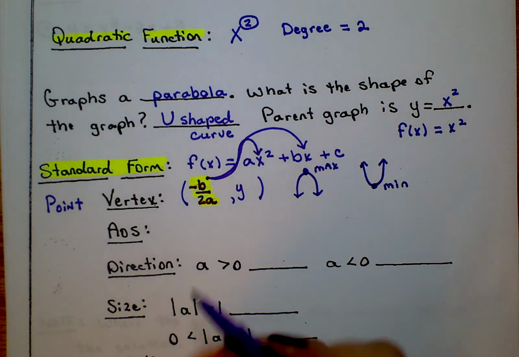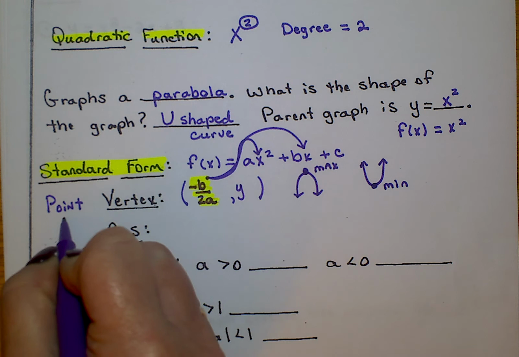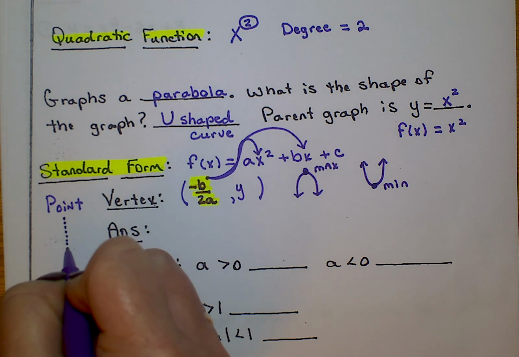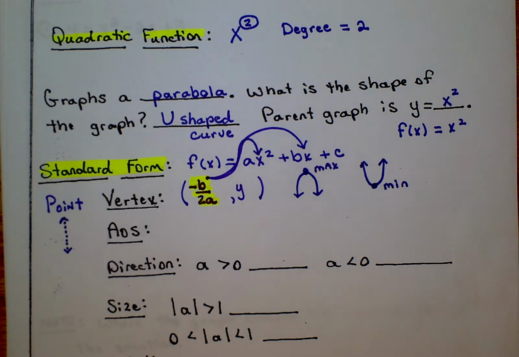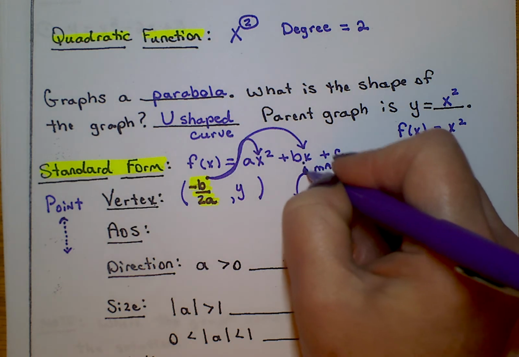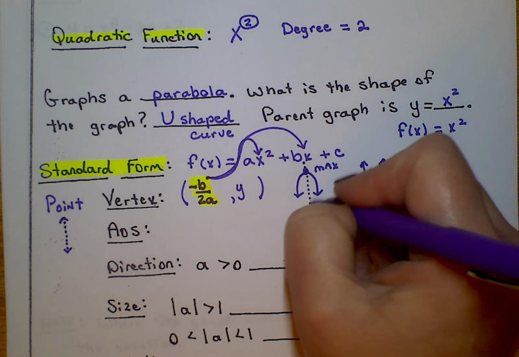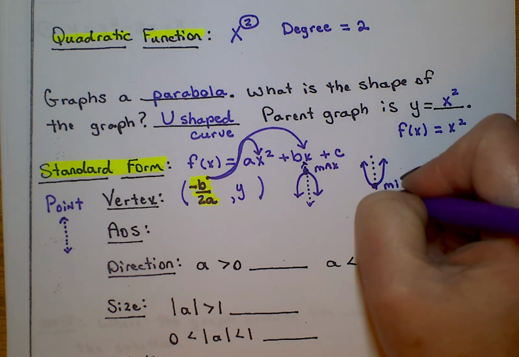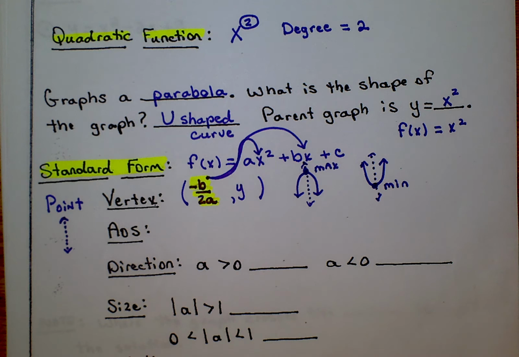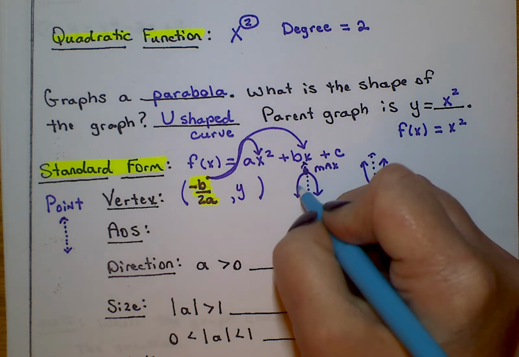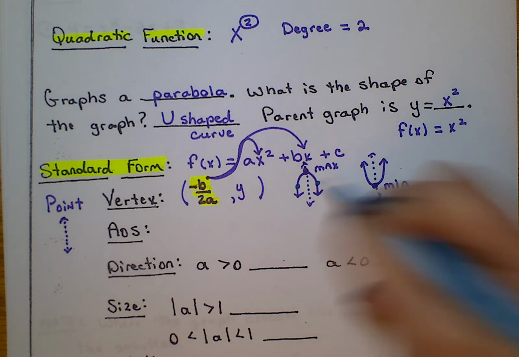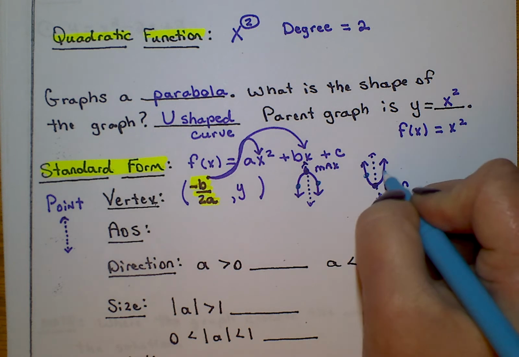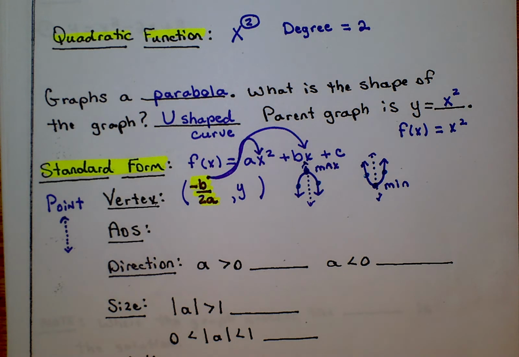Now your axis of symmetry is going to be a dotted vertical line that passes through the vertex. So that means the axis of symmetry is an imaginary line going through the vertex, which means if you fold it on that line, the points on each side of that vertex will touch because they are symmetric.